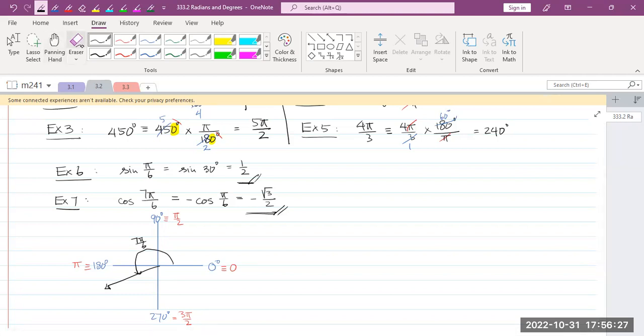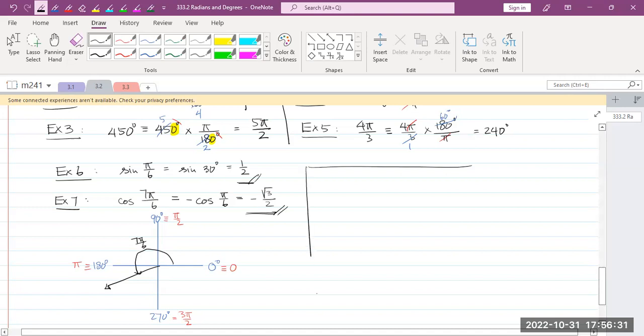Okay. Last example, let me do it here. Example 8. Suppose I have 3 cosine of 2x plus pi over 2, and x is equal to pi over 3.